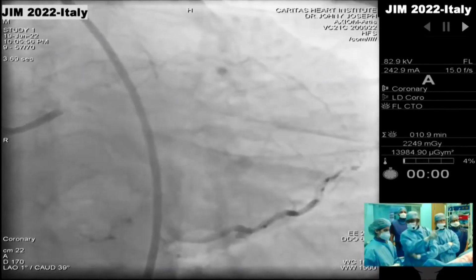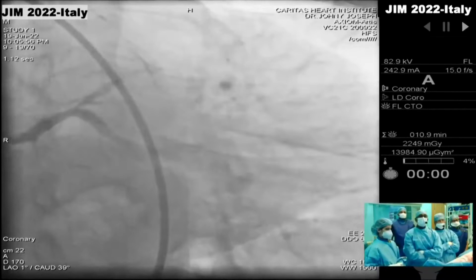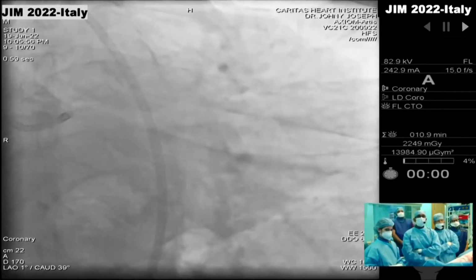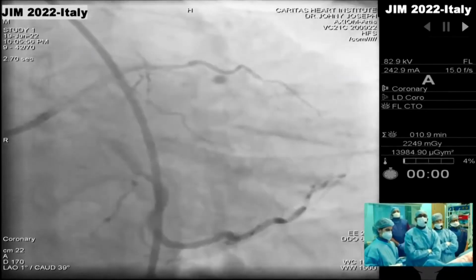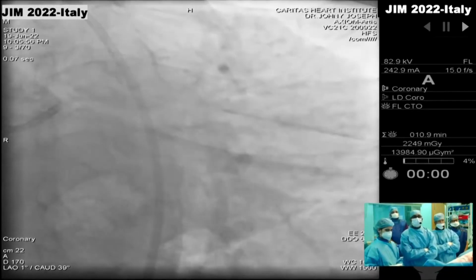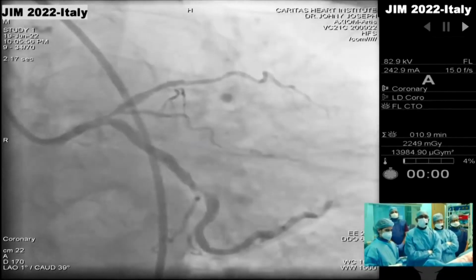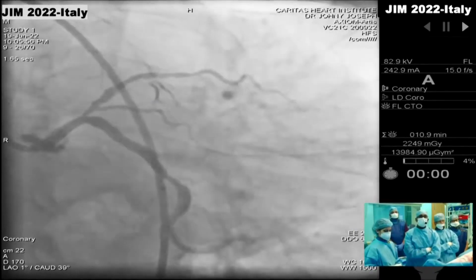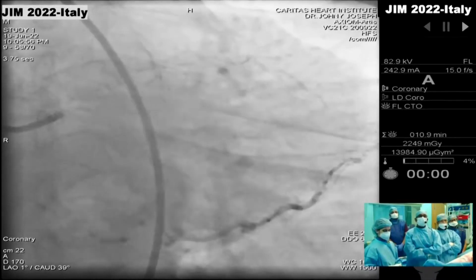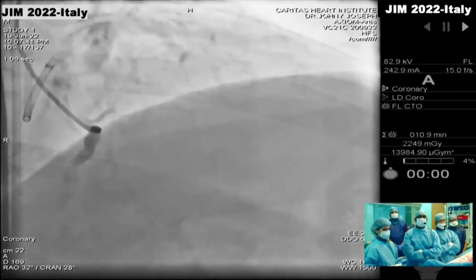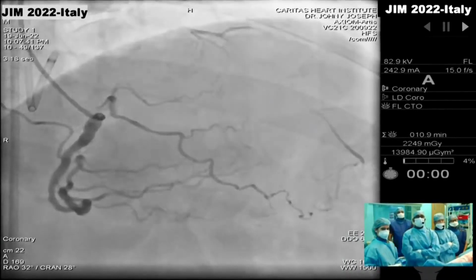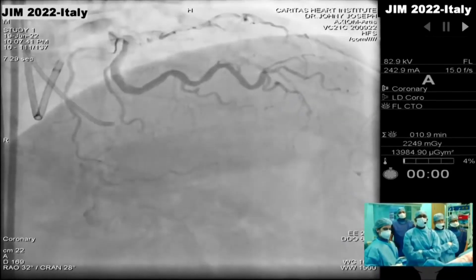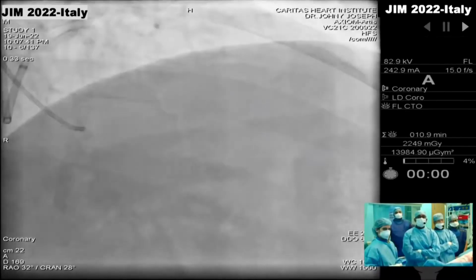There is good filling mainly from the collaterals from the right coronary artery, and I had the impression in some views that there is a stump at the level of that mid-LAD, so maybe we can consider an anterograde approach without necessarily going for IVUS guidance. But we have obviously our expert colleagues here in the room, as well as George Dangas, so maybe I'd like to have his opinion on the case.